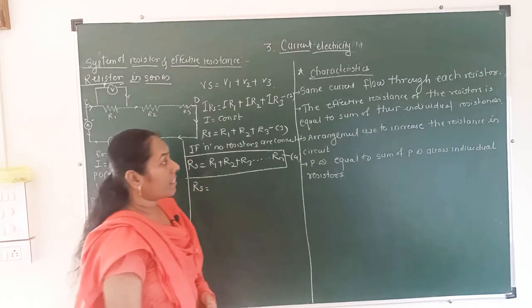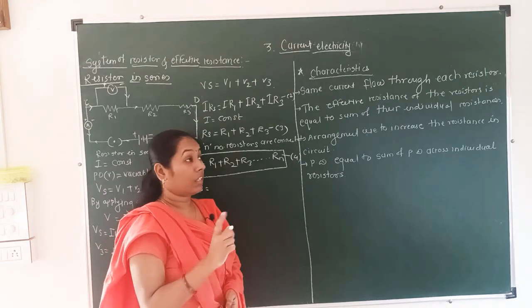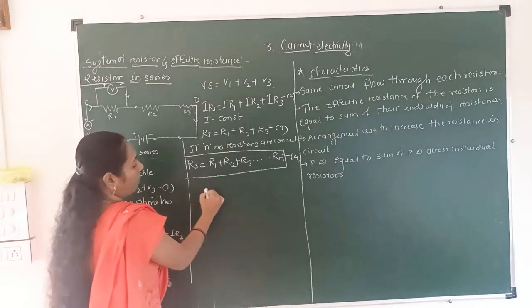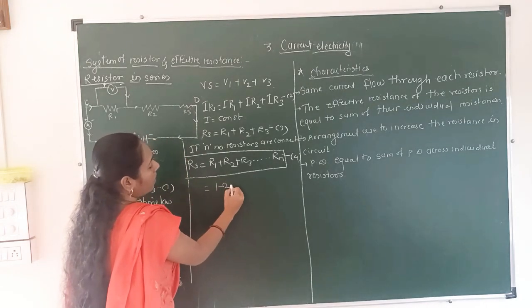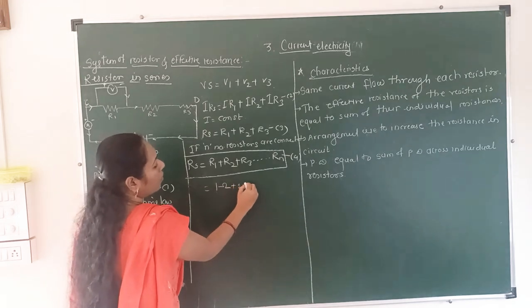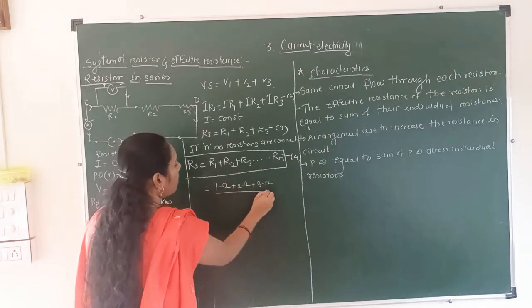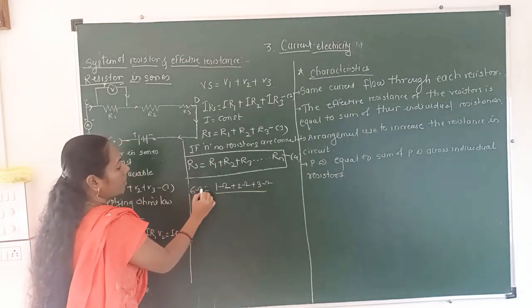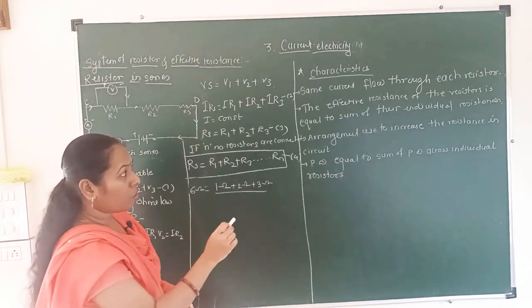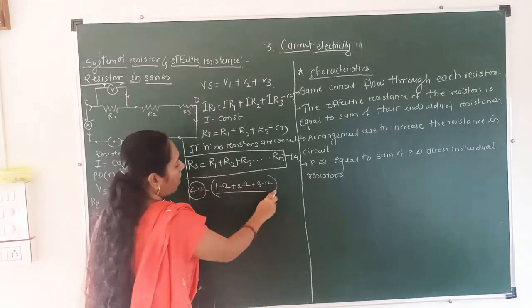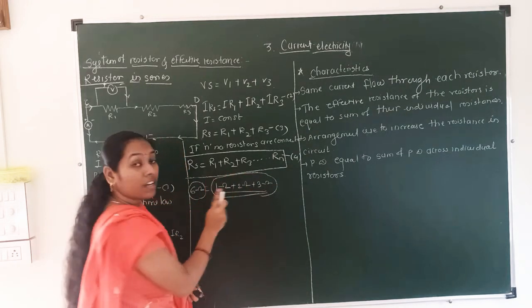For example, if R1 is equal to 1 ohm, R2 is equal to 2 ohm, R3 is equal to 3 ohm, what is the answer? The answer is 6 ohm. So the effective resistance is nothing but the sum of the individual resistances.